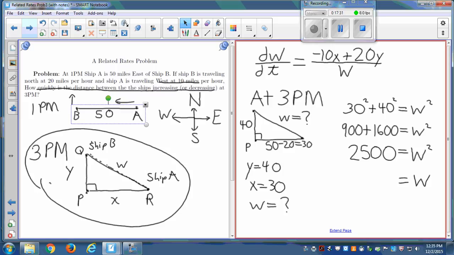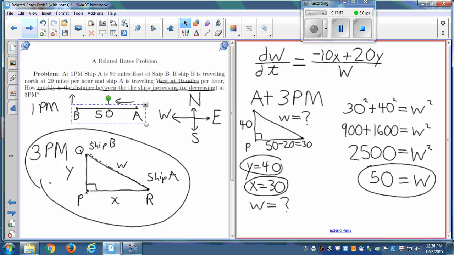Of course, we just take the positive root since w is a length. And we get w equal to 50. So we now know that w is equal to 50. We know y is equal to 40. We know x is equal to 30.